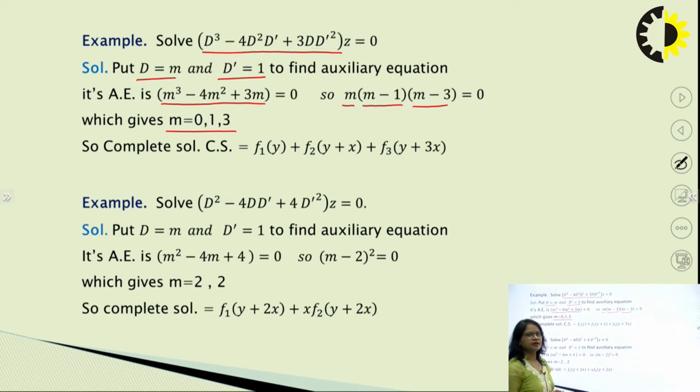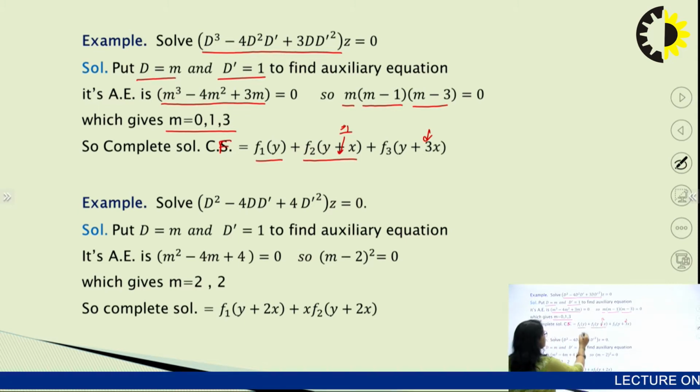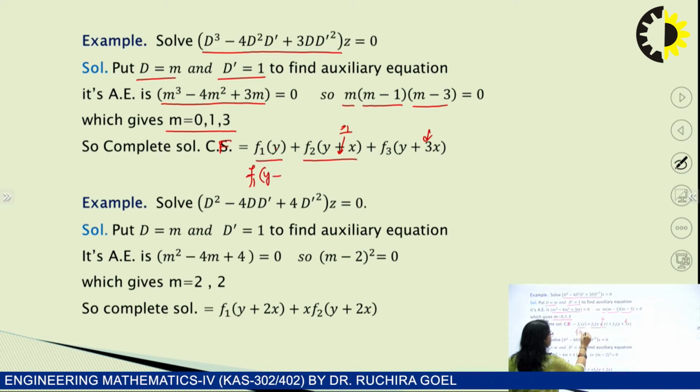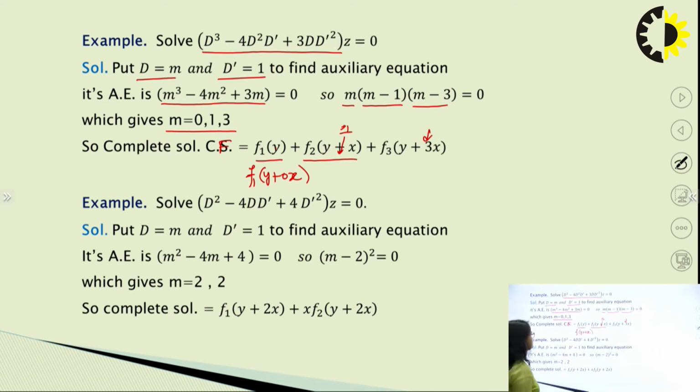So hence CF will be given by function of y plus f2 function of y plus x, because here we are considering the value of m as 1 and here we are considering the value of m as 3. So function of y plus 3x, that means here we have f1y, which is actually f1 of y plus 0x. So that's why this is f1y. This is the case when roots are distinct.